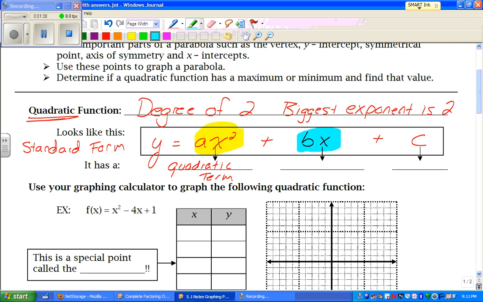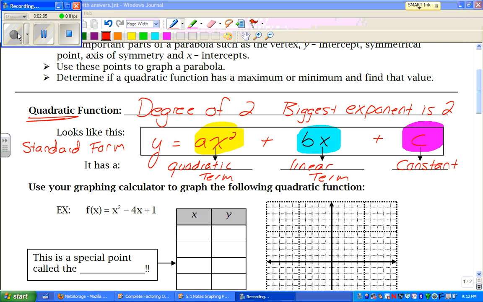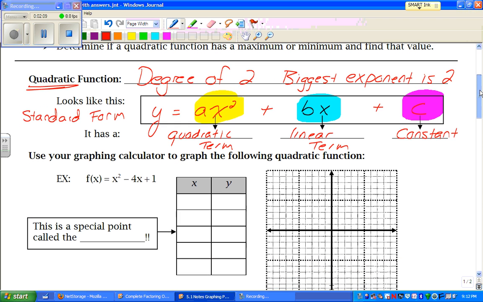The bx, that middle term, because the exponent on this x is a 1, is called the linear term. And that last one, c, has no x on it, so we're going to call that the constant. It's a constant because it doesn't have a variable, so it doesn't change, it doesn't vary. That's just a quick review of what we did yesterday.